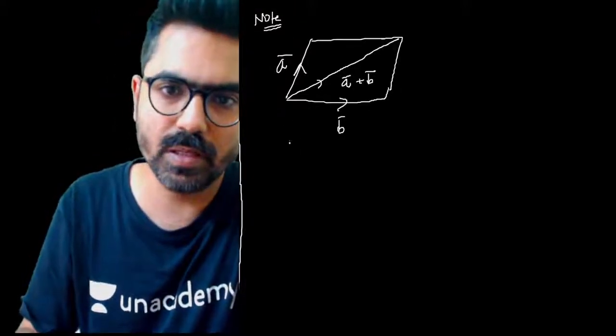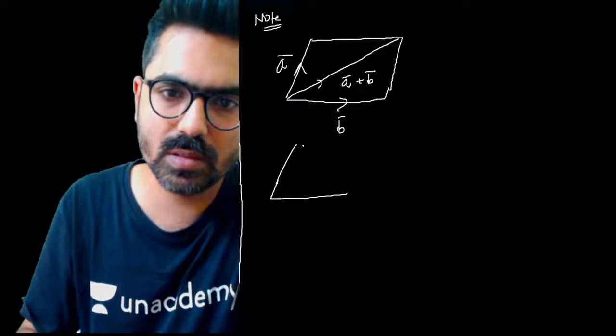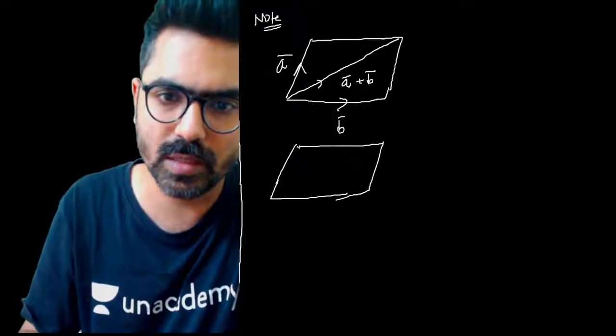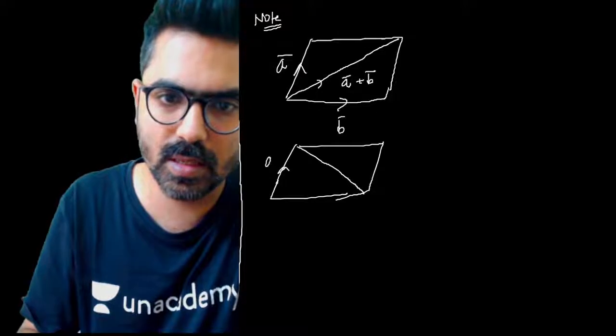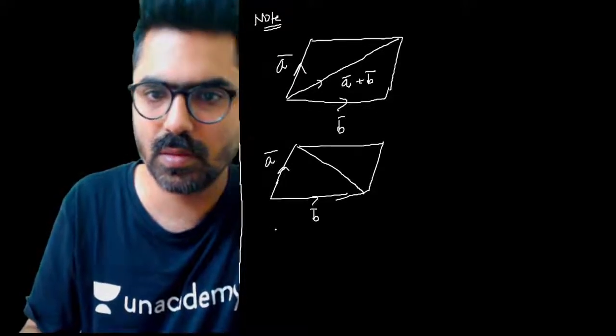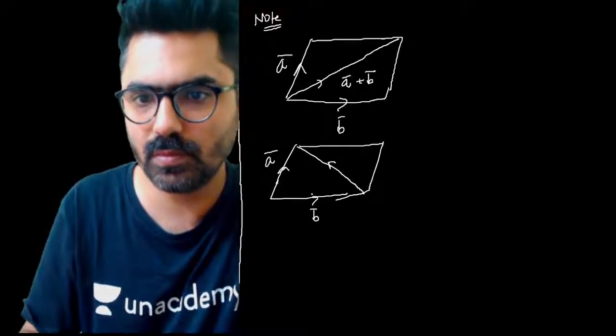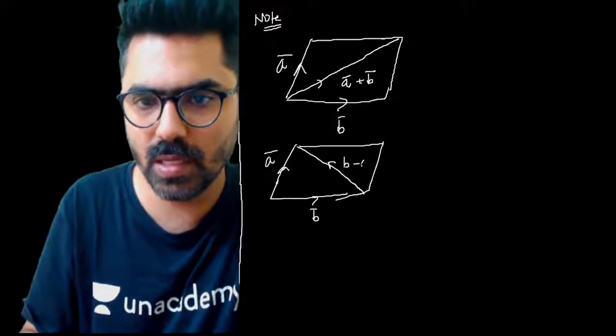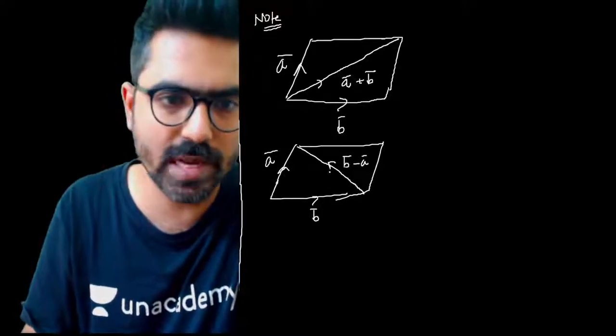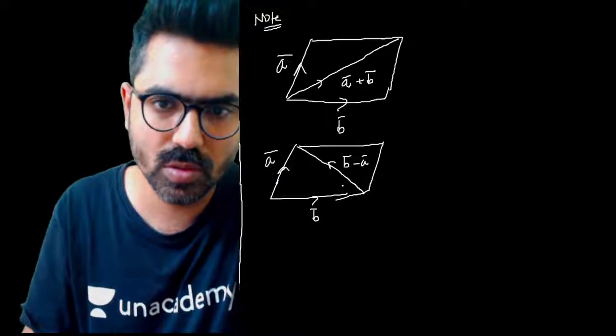And the diagonal which is not passing through the intersection, let's say this is a, this is b, this vector will be b minus a. It depends upon the direction, it can be a minus b also.